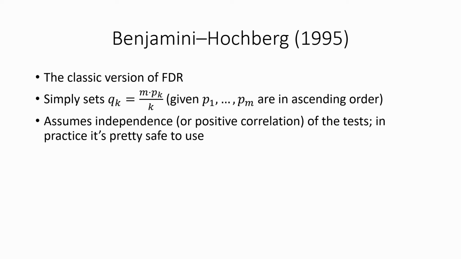For example, for p1, the most significant p-value, k is 1, so we don't change it. We still take the Bonferroni corrected p-value and set it to be the q value. But with the second p-value, after multiplying it by M, we divide it by 2. So we already get something that is twice as significant as the Bonferroni corrected p-value.